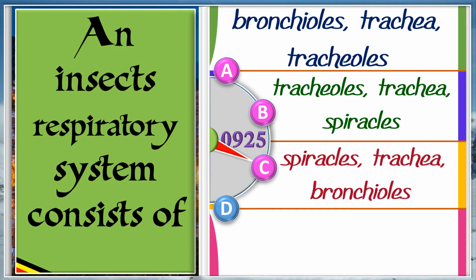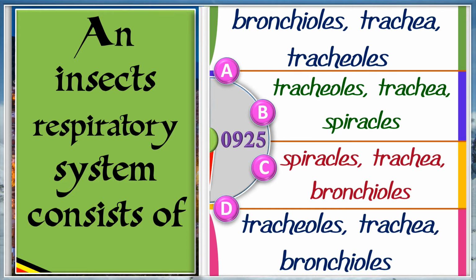C. Spiracles, trachea, bronchioles. D. Tracheas, trachea, bronchioles. And the answer is B. Tracheals, trachea, and spiracles.